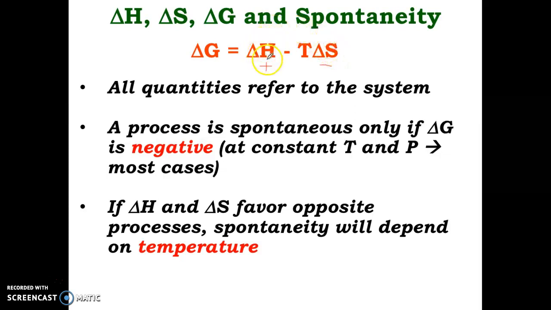Remembering T is in Kelvin, so it's always positive, if I have a positive number minus a negative, is this delta G ever going to be negative? The answer is no. This is the opposite of our always spontaneous reaction. A reaction is always spontaneous if delta H is negative and delta S is positive, but if delta H is positive and delta S is negative, the reaction never occurs, and delta G is always going to be positive.